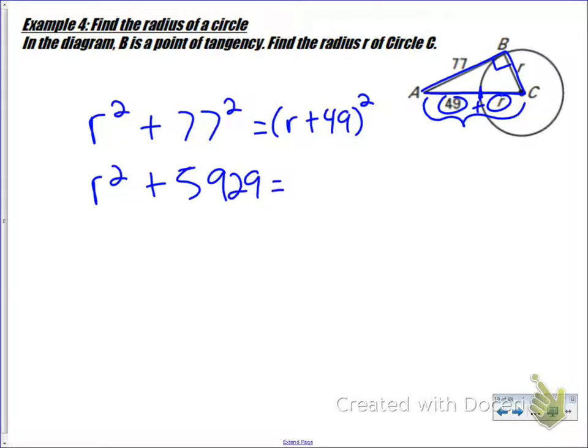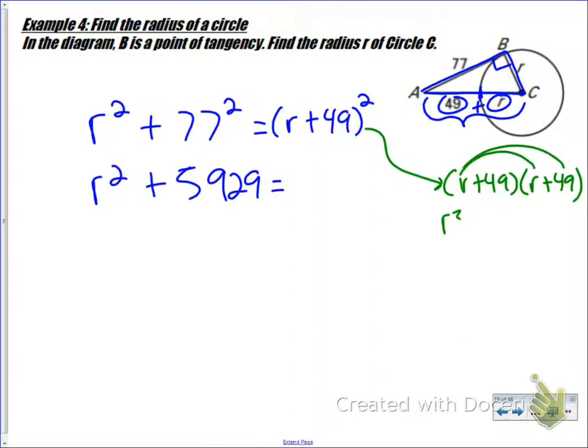With this, I'm going to take this off to the side here and remind ourselves, when I square a binomial, r plus 49 squared is the same thing as r plus 49 times r plus 49, and I need to distribute. So r times r is r squared. r times 49 is 49r. 49 times r is 49r again.